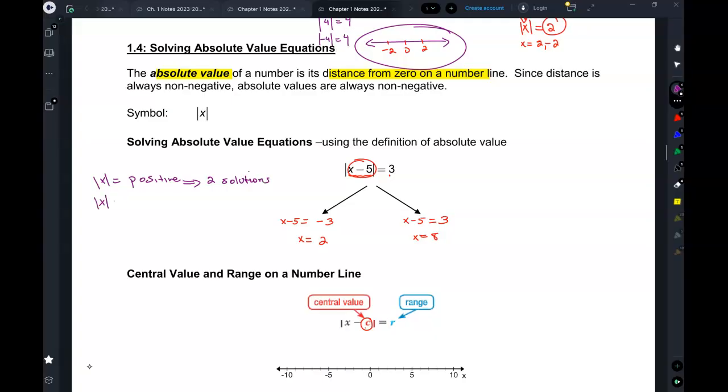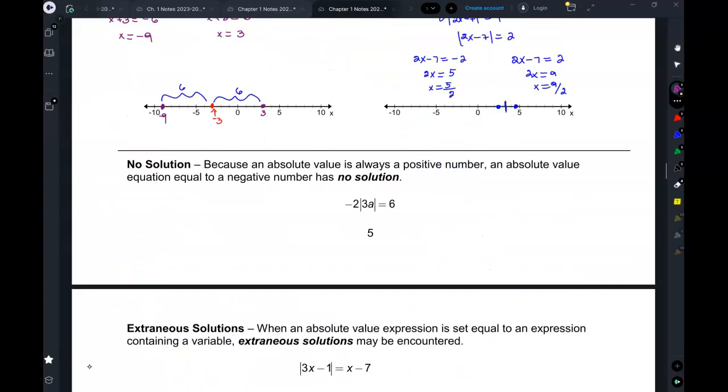If the absolute value of something is equal to 0, now you're looking at, okay, how many units away from 0 is x? Well, 0. So we get one solution. And if absolute value is equal to a negative number, then we have no solution, because how can the distance from 0 be a negative number?